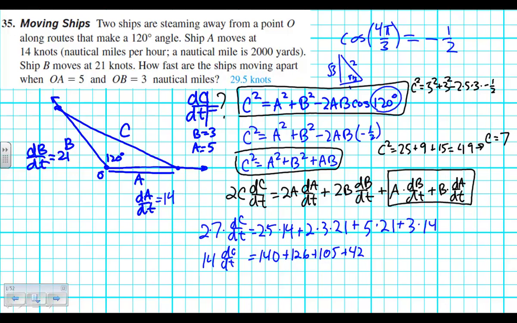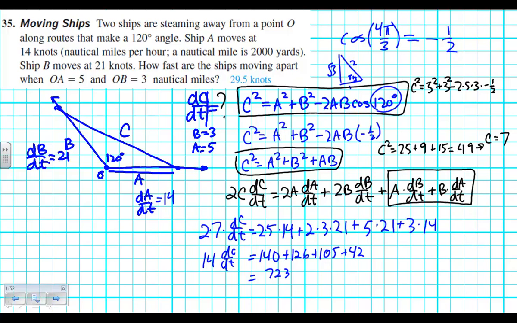Okay, let's see what we got here. 40 plus 42 is 82, plus 26 is 108. No, 118 plus another 5. I think it's going to end up being 723.